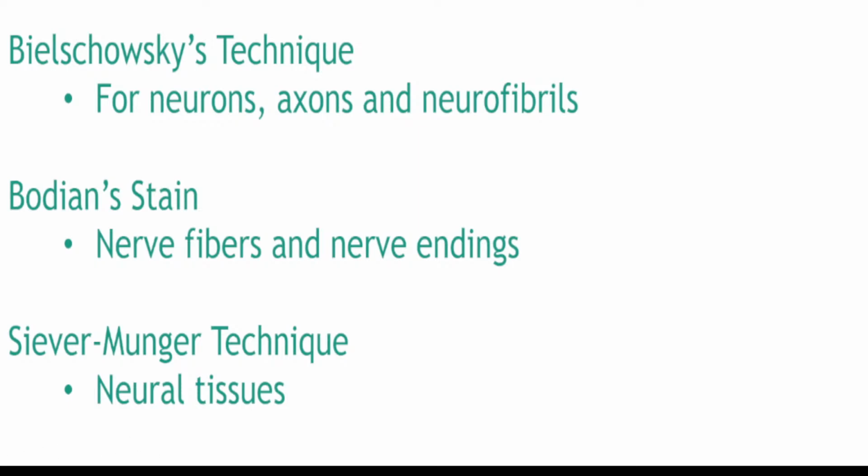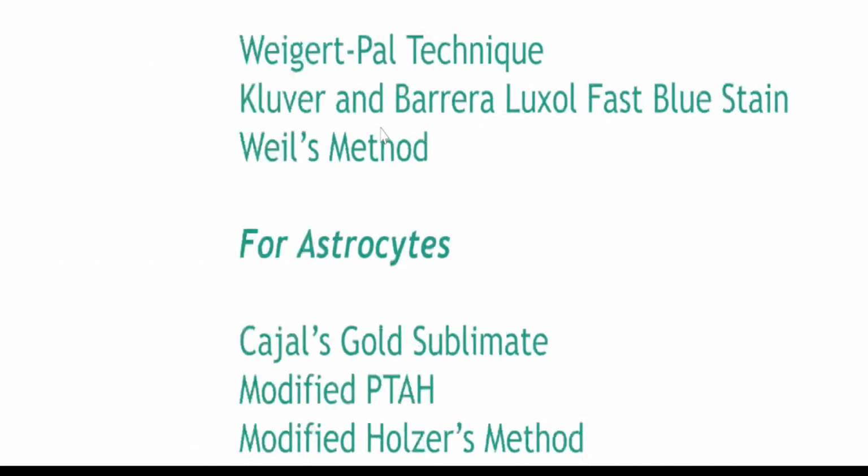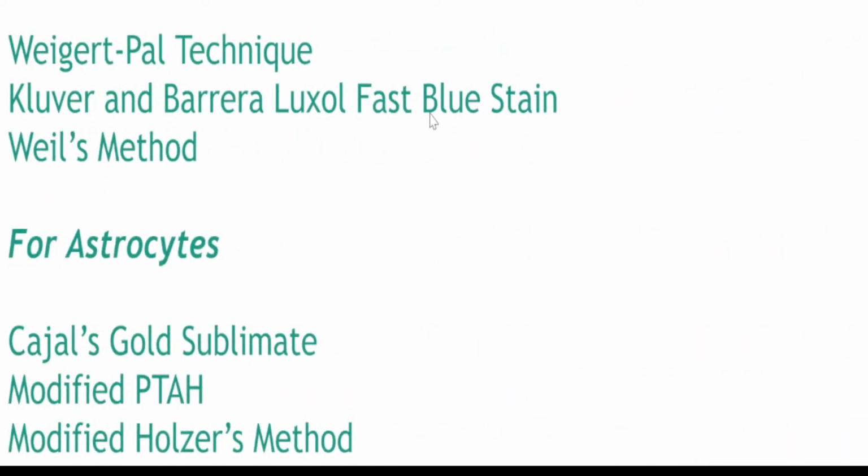I want you to remember the ones that are unique, because neurons, axons, neurofibrils, some of them do stain in other things, right? Myelin sheaths: Weigert-Pal technique, Kluver-Barrera, Luxol fast blue stain, oil red stain.